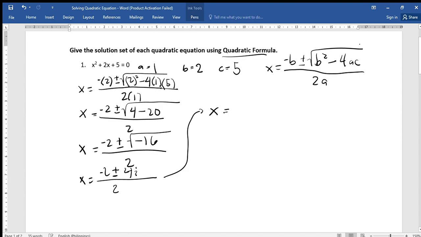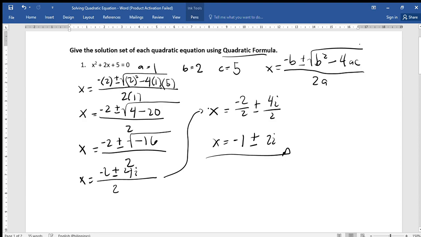X is equal to, pwede natin paghiwalayan, negative 2 over 2 plus minus 4i over 2. So x is equal to negative divided by positive is still negative, 2 divided by 2 is 1, plus minus yung 4 divided by 2 is 2, so 2i. Ito na yung final answer natin.